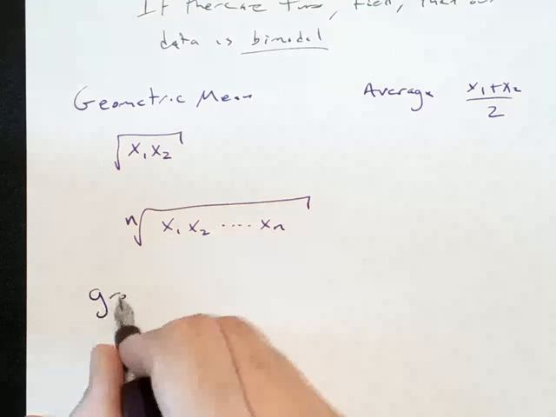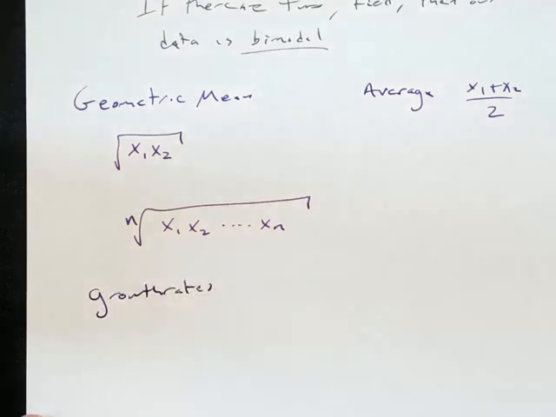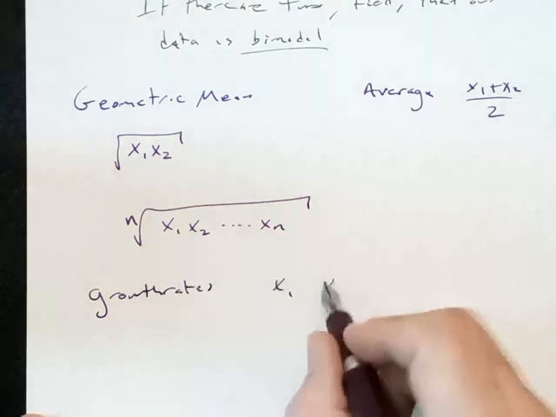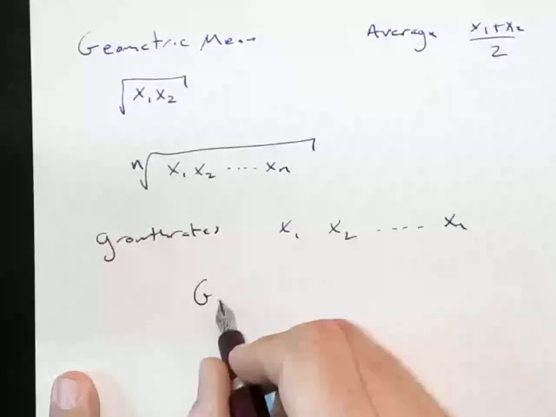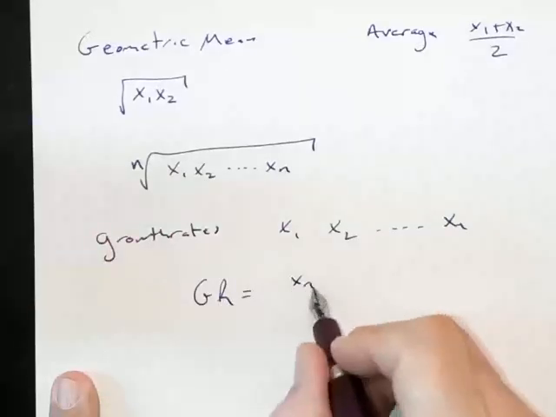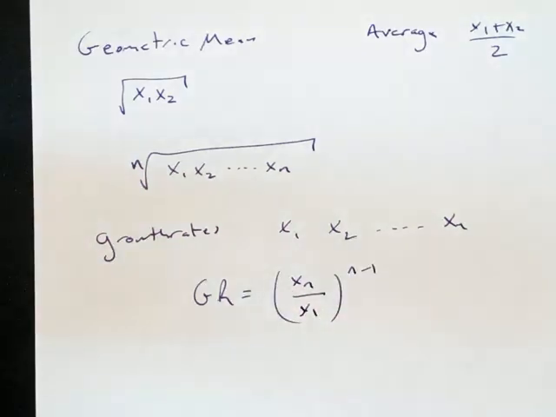Growth rate: if we had time series data, like the value of money, how much a dollar was worth last year, the year before, and so on, then the growth rate is the last one over the first one to the 1 over n minus 1 power.